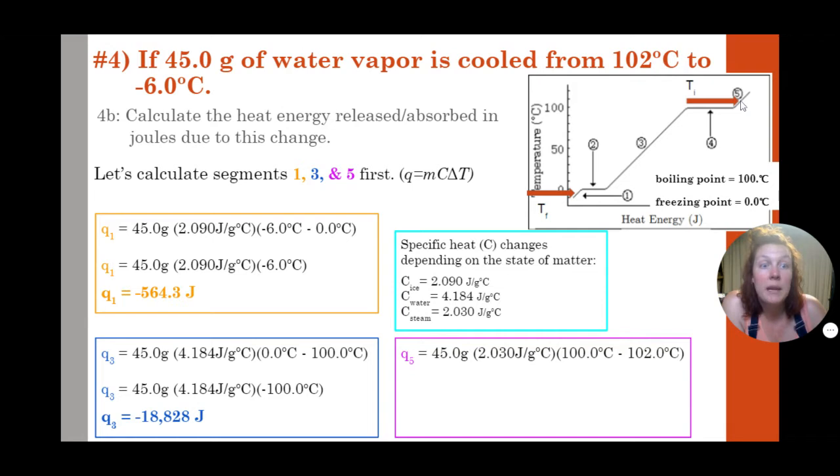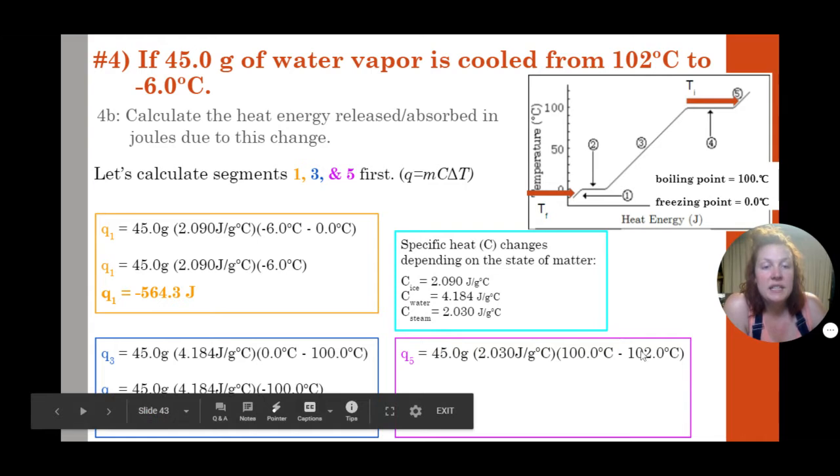And then remember, we're cooling it down, so we're moving to the left. And so segment 5 stops right here at the boiling point or the condensation point of water, which happens to be 100 degrees Celsius. So T final is 100 degrees Celsius, minus T initial, which is 102 degrees Celsius.